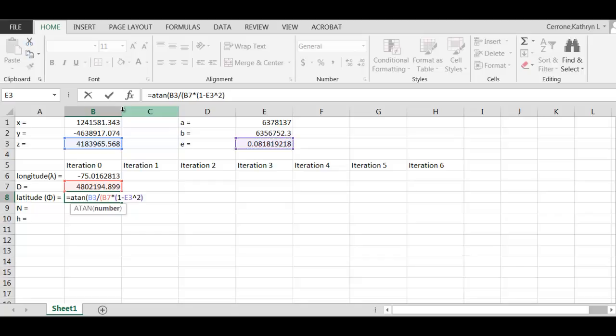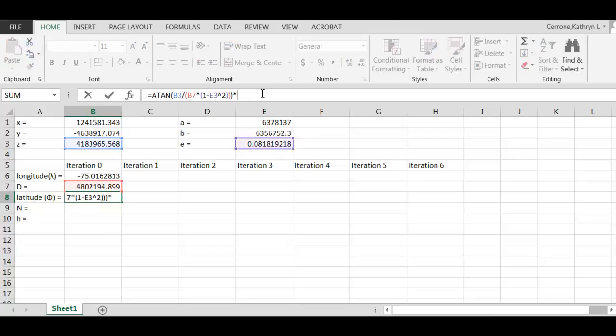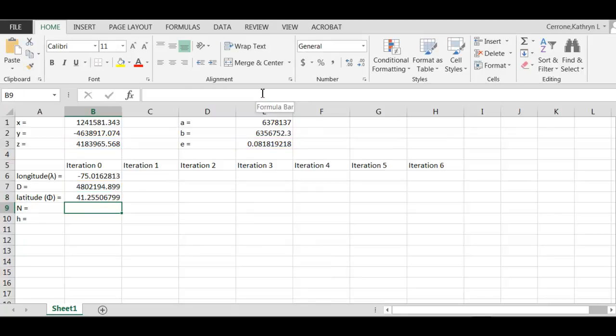And close our parentheses for the 1 minus e squared, close our parentheses for the denominator, and close our parentheses for the atan. If you forget to do any of those, it'll give you a reminder. So again, this is going to give it to us in radians, so that's 0.72.